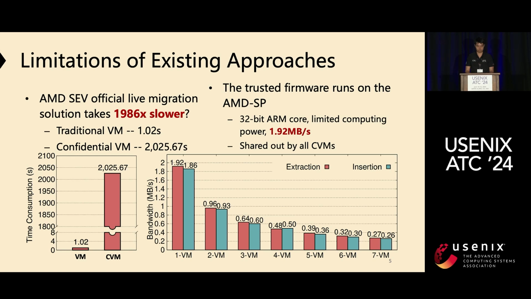The low throughput also explains the migration results on the left, where the source and destination instances on the same machine would result in a throughput of only 0.93 to 0.96 megabytes per second on both sides. Consequently, the migration of a CVM with 2 gigabytes of memory takes over 2,000 seconds to complete.